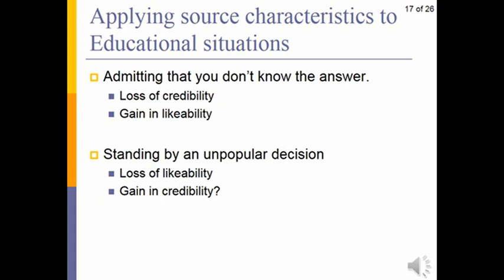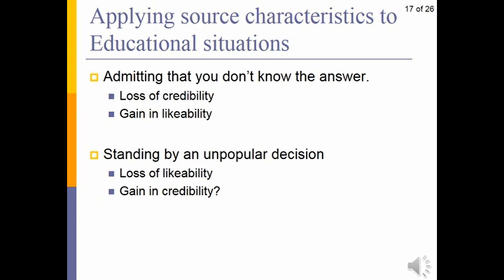I suppose a lot of educators find this difficult. So do you, as some educators will do, throw your hands up and go, don't shoot the messenger, it's not my decision, I'm just following orders? Well, that is one way to approach it, and it might be seen as a way of reducing the negative impact of being the source of an unpopular message.